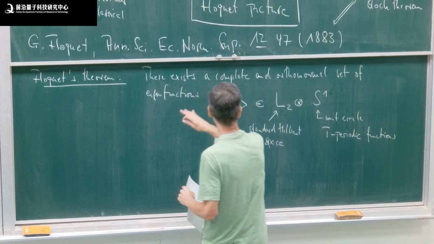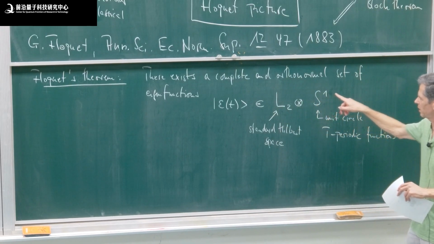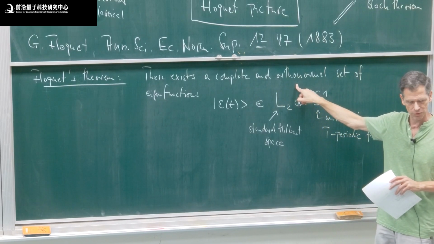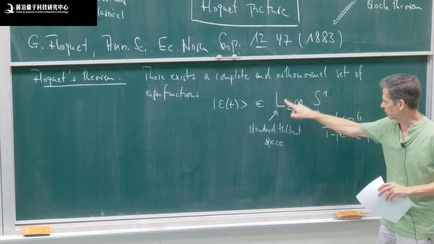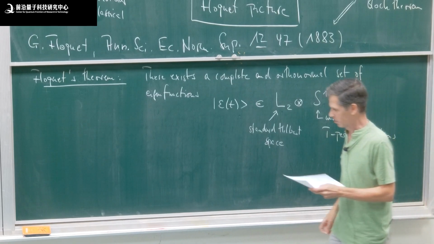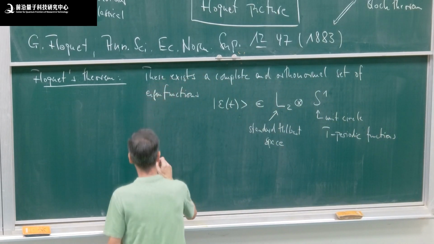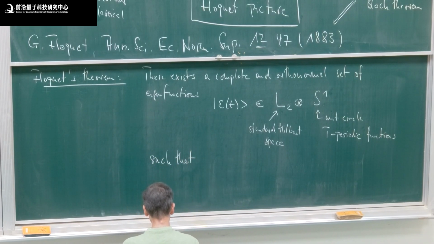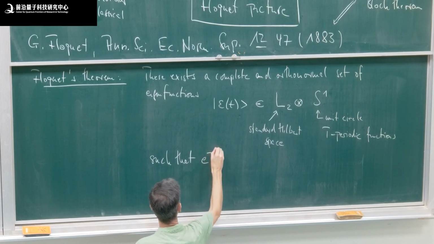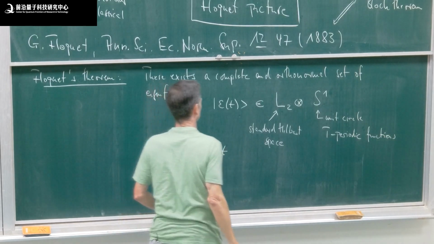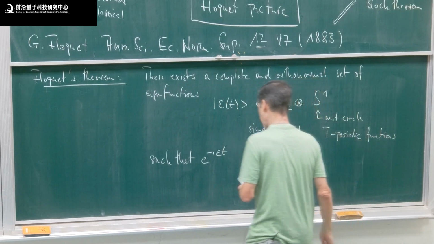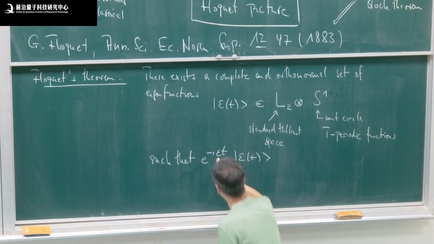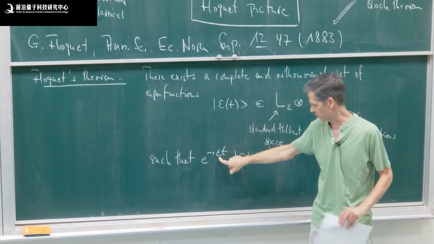And now I have to continue the sentence. There exists a complete and orthonormal set of eigenfunctions. Of course, when I say complete and orthonormal, I will still have to specify the scalar product on this space. Such that e to the minus i epsilon t times epsilon of t, where I still have to specify what these epsilons are.